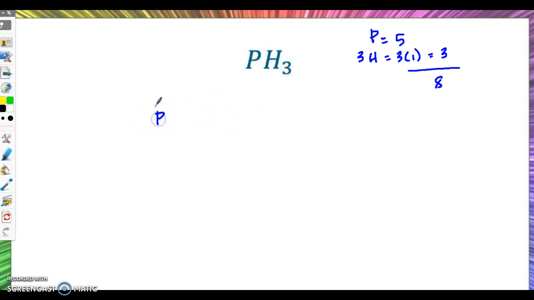I only have the 8. So I'm going to give phosphorus its octet to start. Phosphorus is happy now. And it's going to be bonded to each hydrogen. That's it. We're done. If you like the dot structure, that's what it looks like.